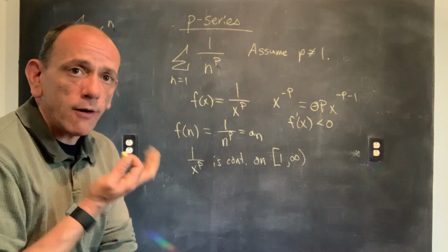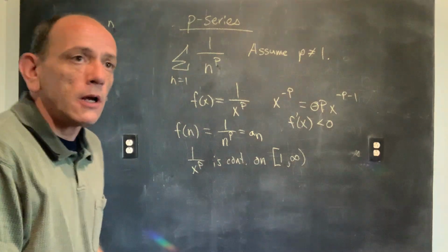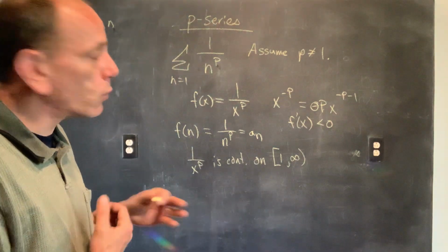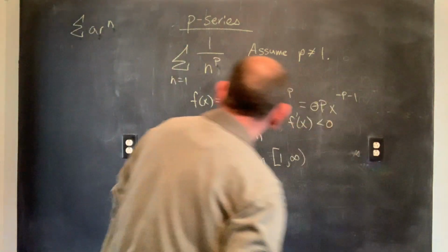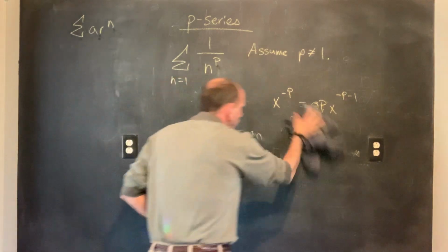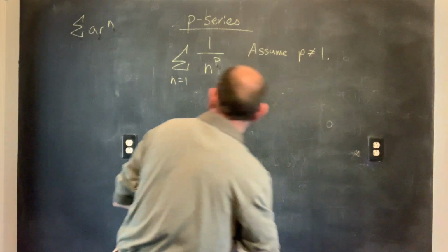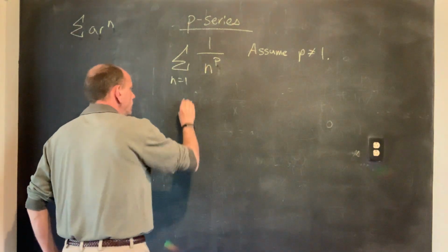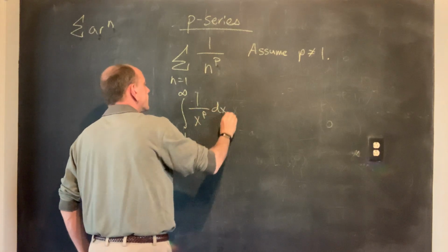All right, so we verified that in general, for this p series, we can apply the integral test. So we're still assuming that p is not 1. And what we're going to look at is the integral from 1 to infinity of 1 over x to the p dx.